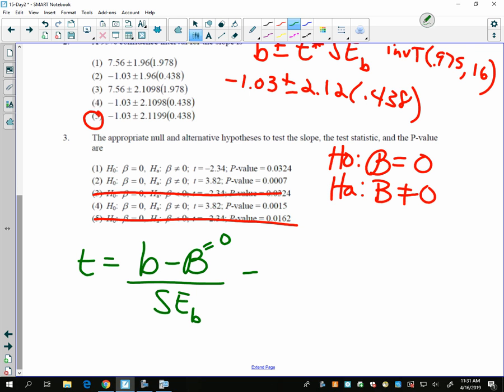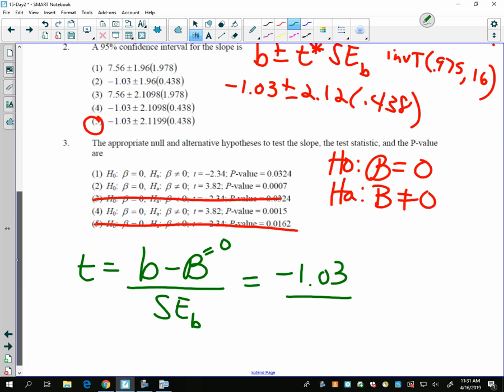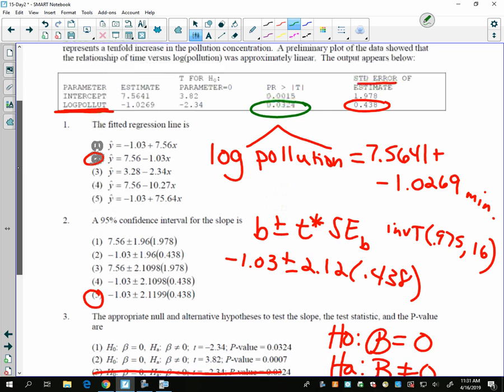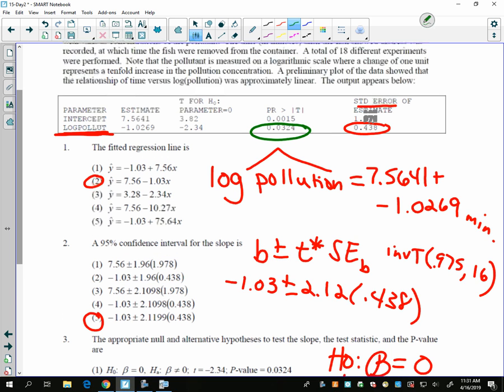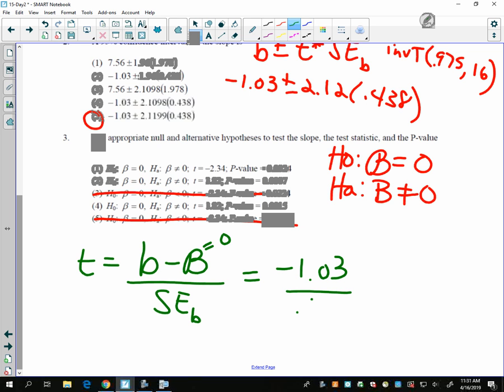So what's my b? My b is negative 1.03, right, guys? SEB, standard error of the slope, that's right up here. So log pollution's right there, 0.438. That's your standard error of the slope. When I divide those two, what do I get?